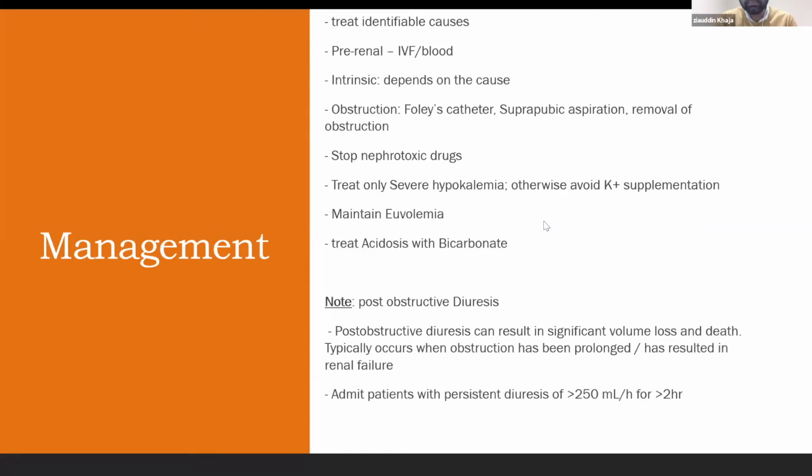And then this bit, treating only severe hypokalemia. So basically, when the kidney function is decreased or not optimal, then potassium is usually lost in the kidneys. I mean, the kidney excretes that.